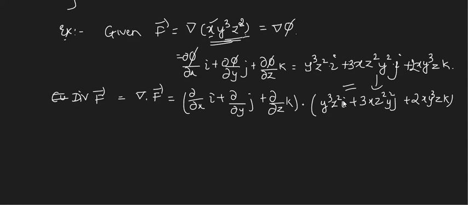I'm writing the same vector f. Now take the dot product, multiplying the corresponding i coefficients. The derivative of y cube z square with respect to x is how much? Can you see any x here? 0.